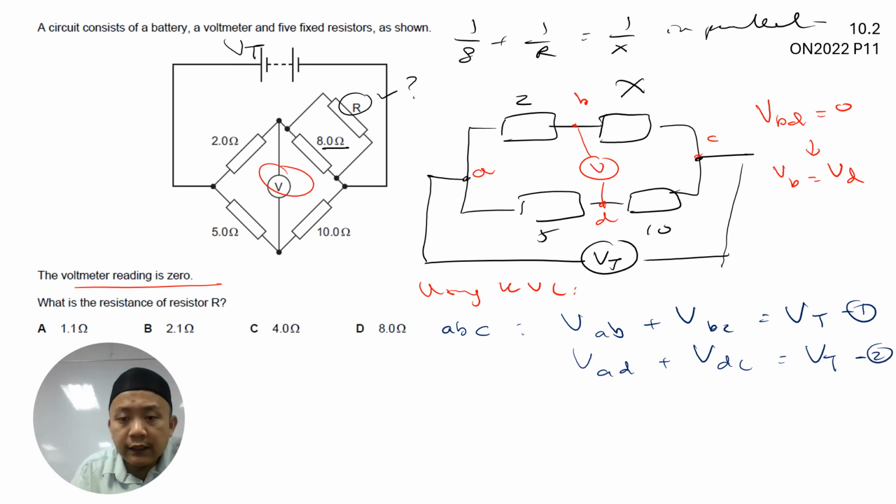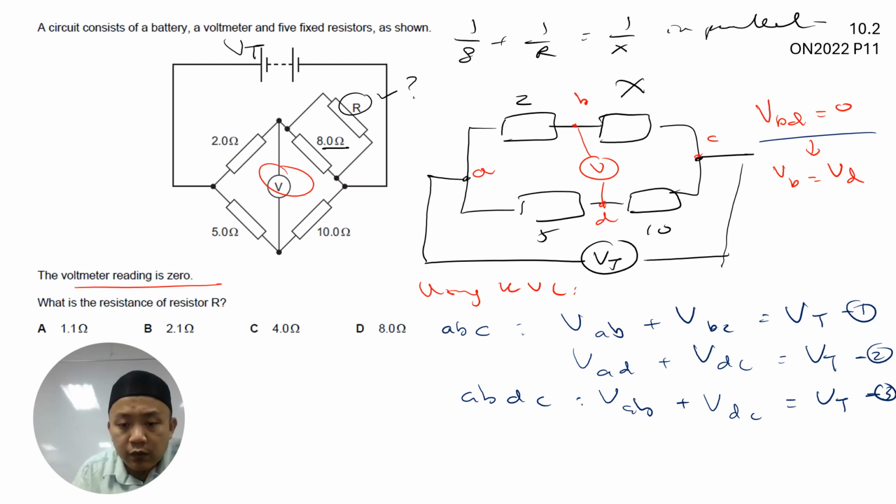Now, given that there is a bridge across the BD junction where you have the voltmeter, we can go for the loop of A, B, D, and C. In this case, it will be VAB plus VBD, but since VBD is equal to 0, we just omit that term, and then we get VDC, and this equals VT. That is the third equation.